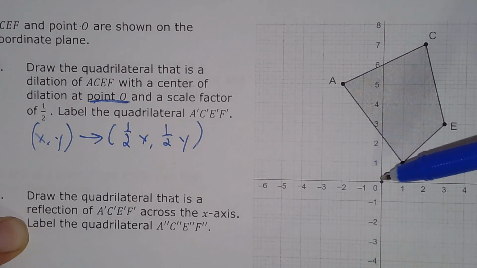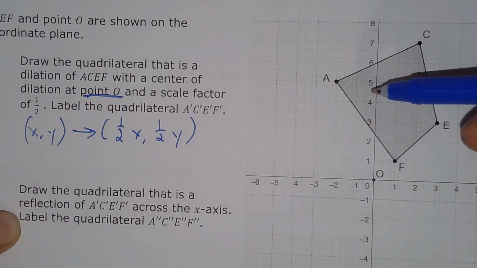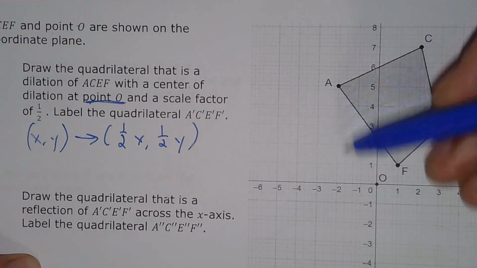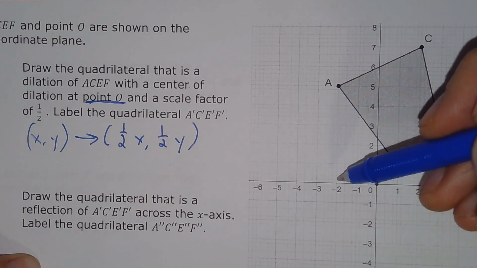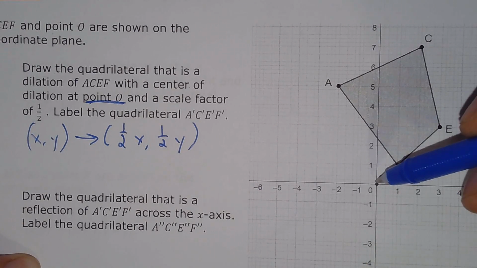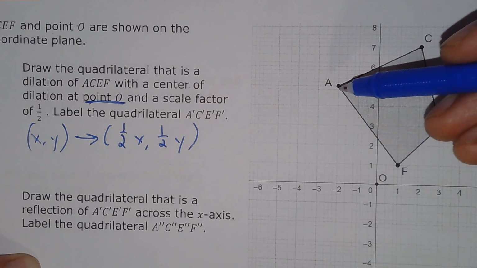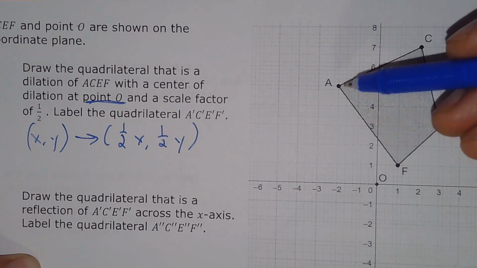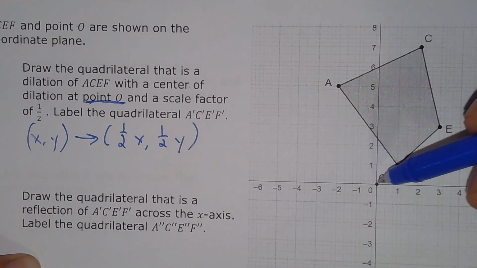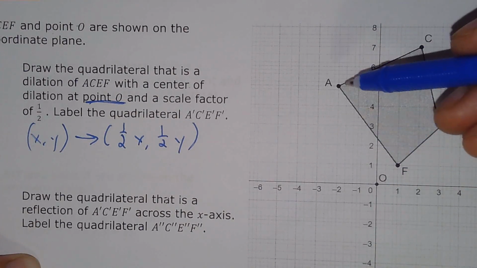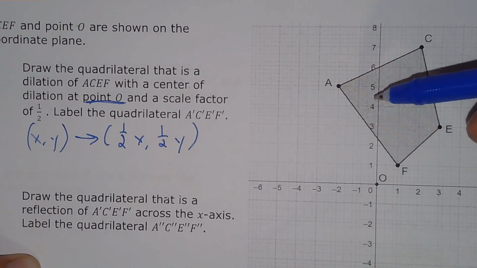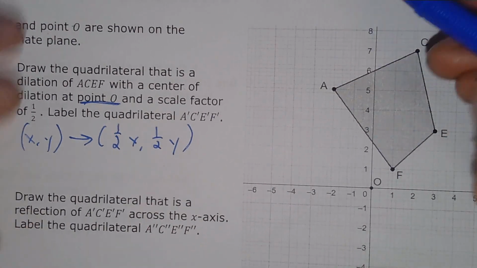Because the origin is my point of dilation. Okay, so this is actually like the distance from the point of dilation, right? So for both my x value and my y value, it just so happens, because my point of dilation is 0, 0, the points are nice and easy to determine. Okay, so here we go.